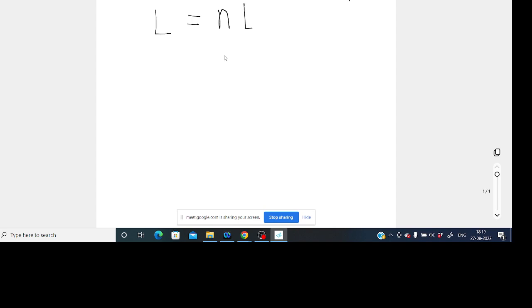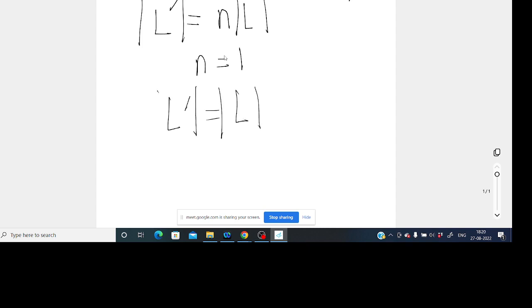So L prime is the total latent heat required, right? Or released. Let's take the modulus here. Okay, the magnitude. What is this n? n is the number of moles. And this L is the latent heat for 1 mole. This latent heat for 1 mole is given here, right? Yes, sir. And in this problem it is mentioned that n equal to 1, so L prime is equal to L, nothing else. Simple. Clear? Yes, sir. Okay, fine.